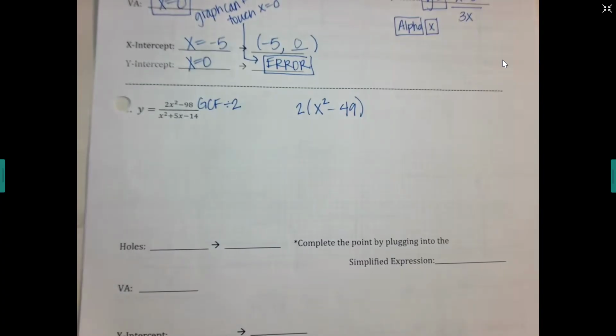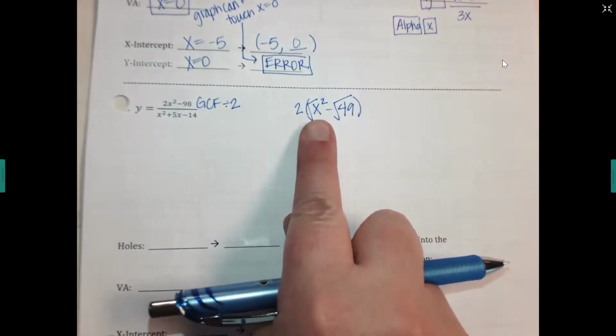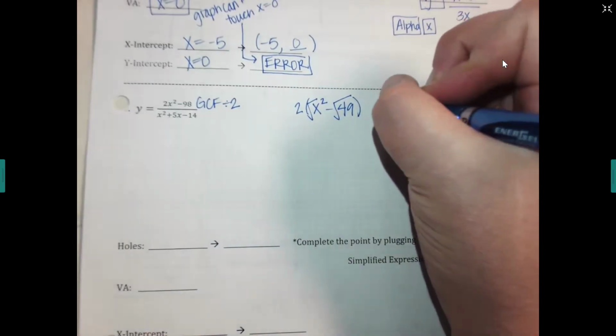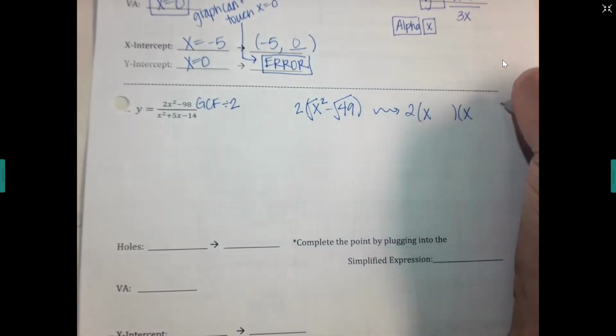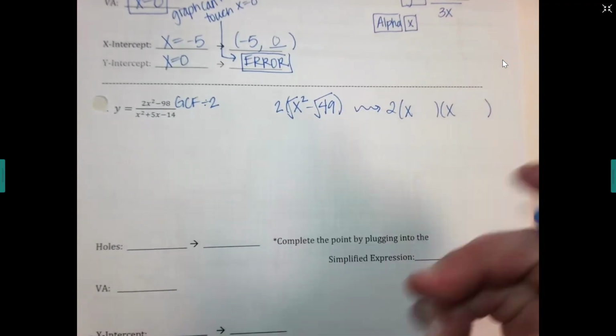Now, that's still not done. I have an x squared and a minus. That means I can break it down again. We're going to do perfect squares. What's the square root of x squared? It would just be x and x, right? And then what's the square root of 49? 7.